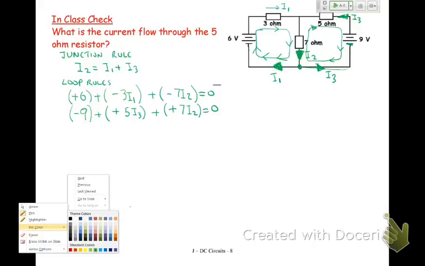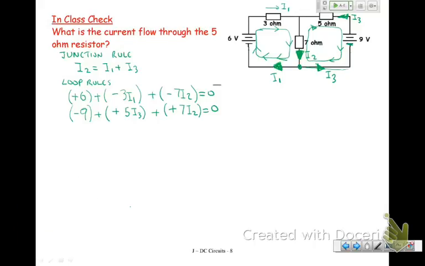So let's go down here to red. So what I'm going to do is I'm going to turn around and say, okay, well look, this is I1 and I2, and this is I3 and I2. And this has got I2.